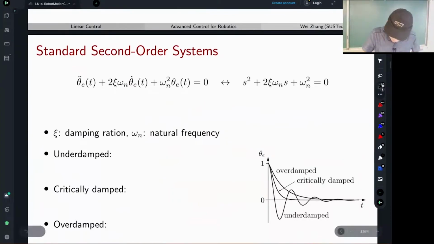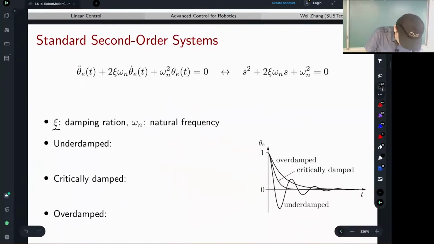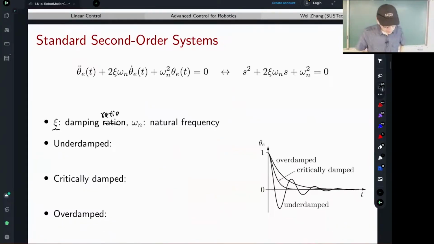So that's a standard second order system. Here, zeta is the damping ratio. This is a typo. And this is the natural frequency.